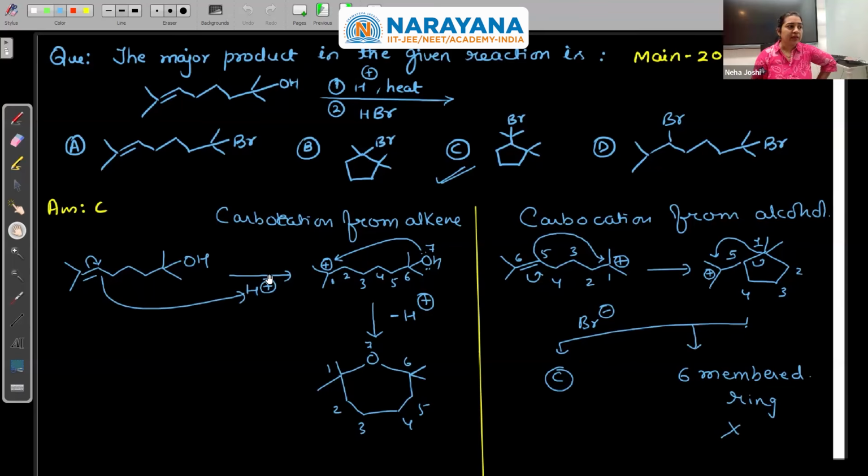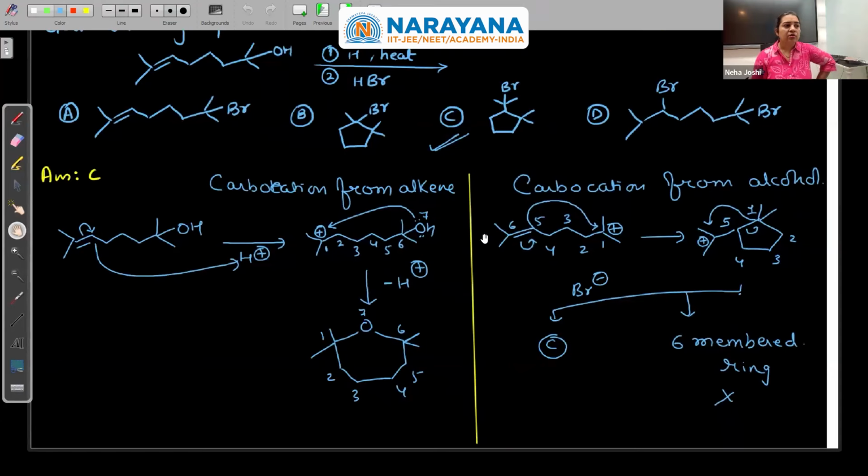Always remember the approach is to form both possible carbocations on paper. Carbocation from alkene, whatever you get, carbocation from alcohol, whatever you get. You draw all possible cases. So from the alkene, the stable one should be at every place. So I got this 3 degree. Then you see what is the intramolecular possibility of attack.